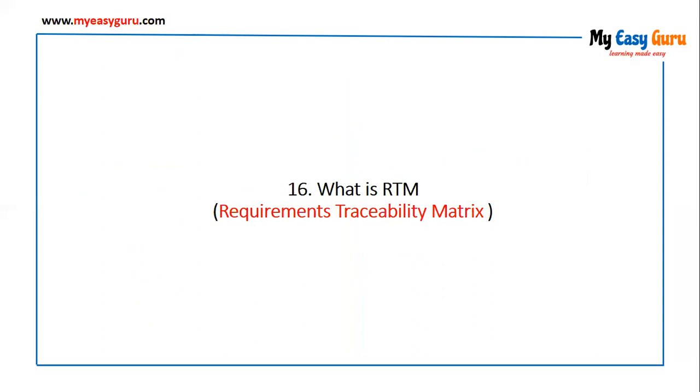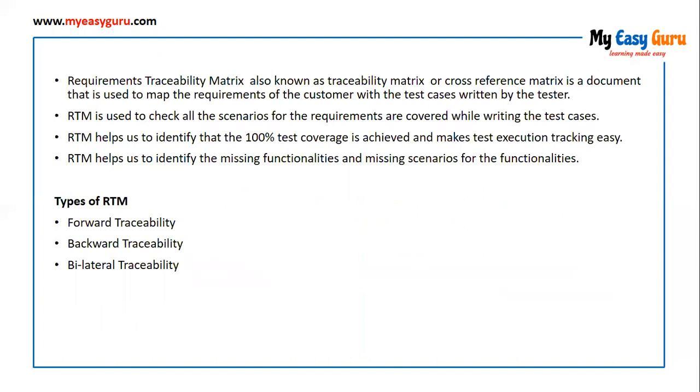Now let's see what is RTM. RTM stands for Requirements Traceability Matrix. Requirement traceability matrix, also known as traceability matrix or cross-reference matrix, is a document that is used to map the requirements of the customer with the test cases written by the tester.